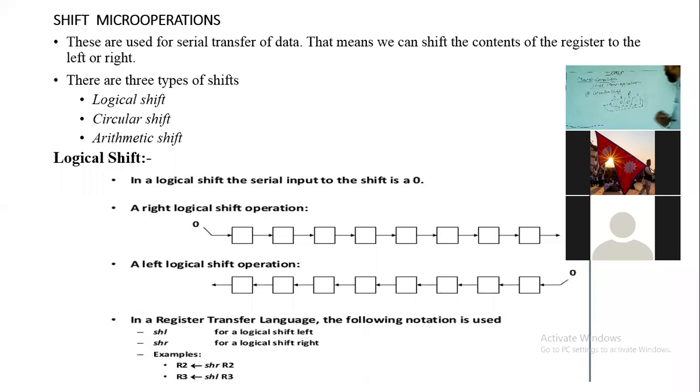And what will be the output? The output is 1 here, 1 here, 1 1 0 0. This is our output. Okay, in this you can see there is no loss of information. We just rotate our bits from one end to the other end.